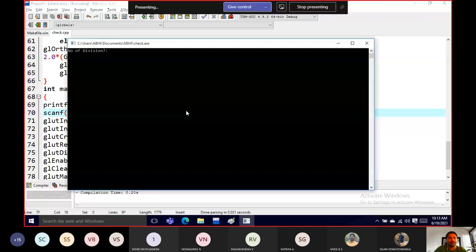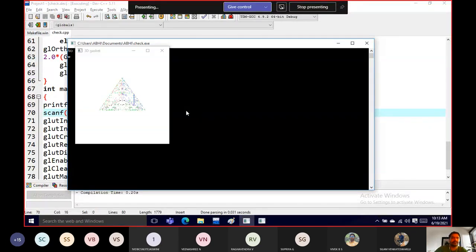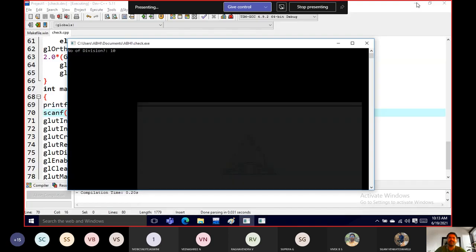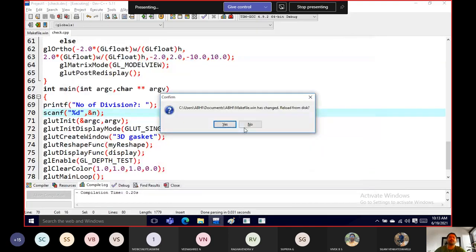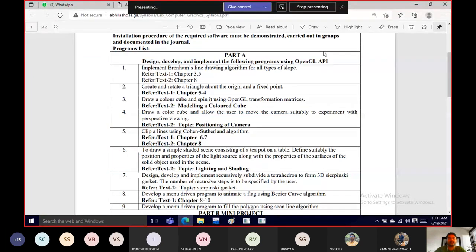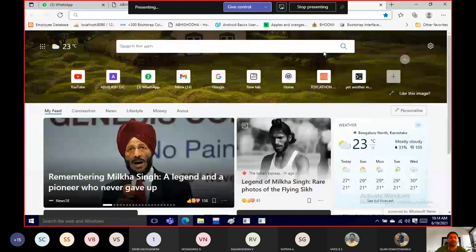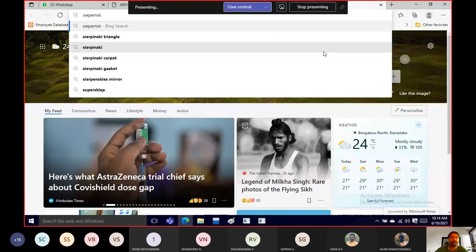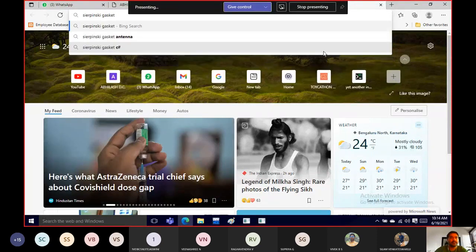Okay, let's give the division as 10. I think the division of 10 will be pretty good, right? So this is the 10 divisions, right? All right, try it out with many more programs. I'll just show you the Sierpinski gasket.